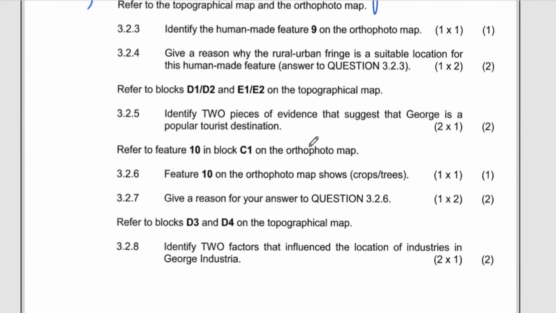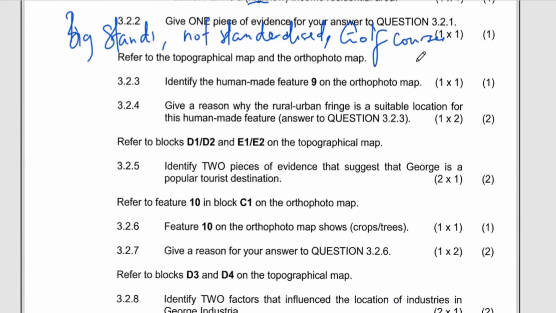Right, so our human-made feature here, we can safely conclude that it's a sewage works. Then give a reason why the rural-urban fringe is suitable. Why do we have sewage in the rural-urban fringe? The problem of smell with the sewage works, it needs to be located a little bit away.